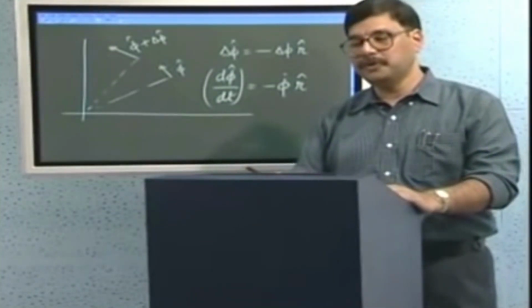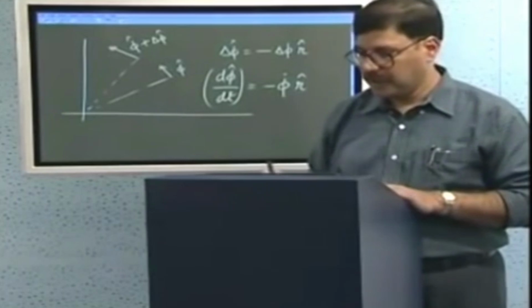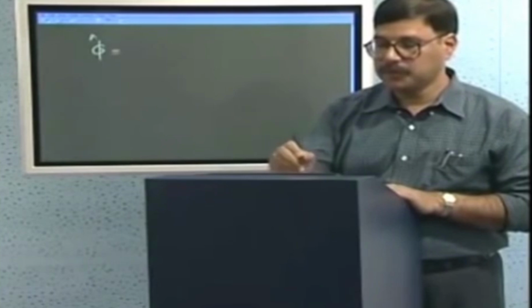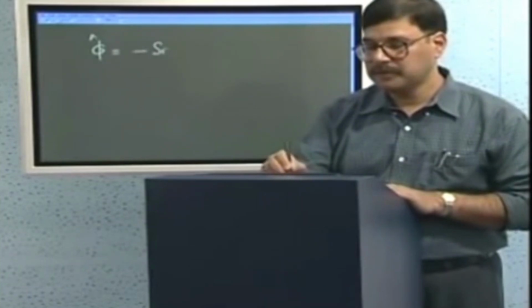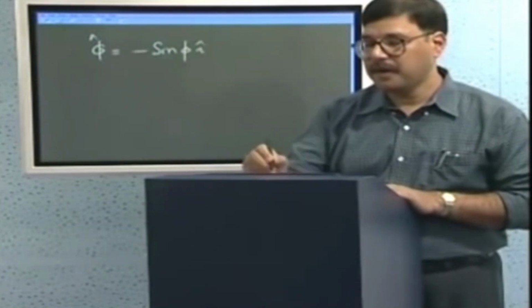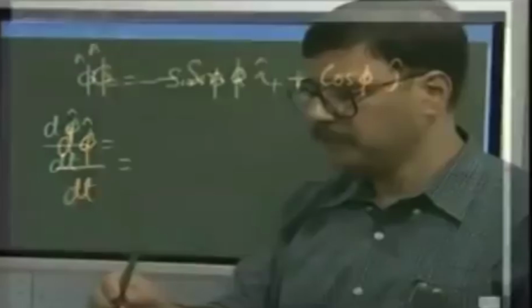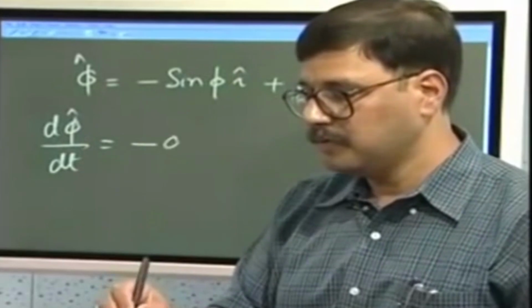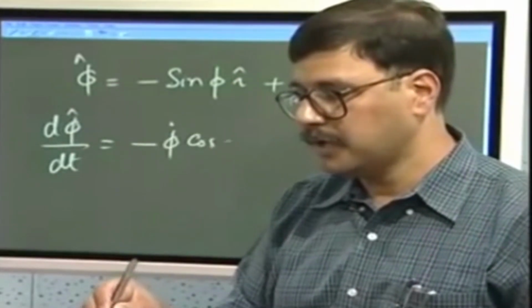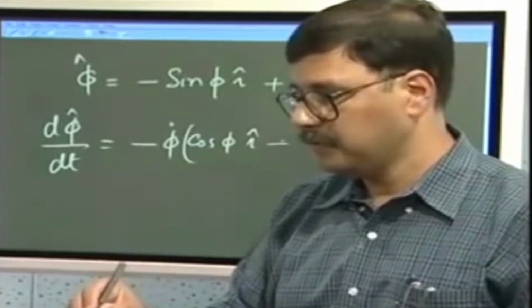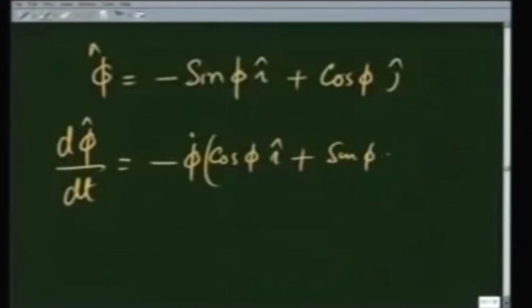I have shown it purely on geometrical basis. I will go to the definition of phi unit vector, which was minus sin phi i plus cosine phi j, and differentiate to get minus phi dot cosine phi i plus sin phi j.